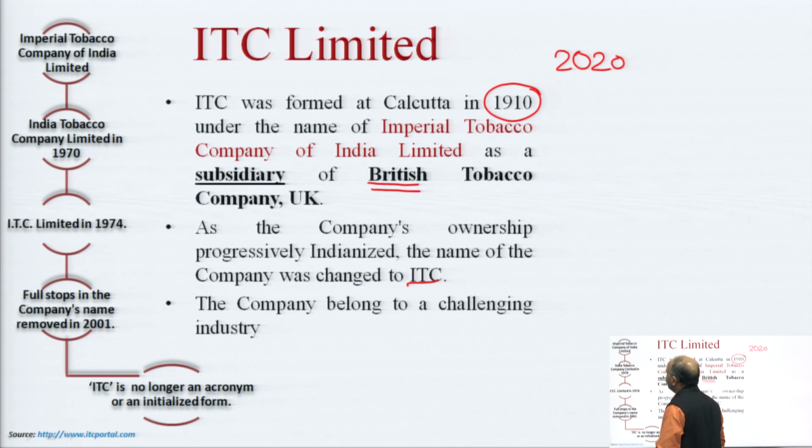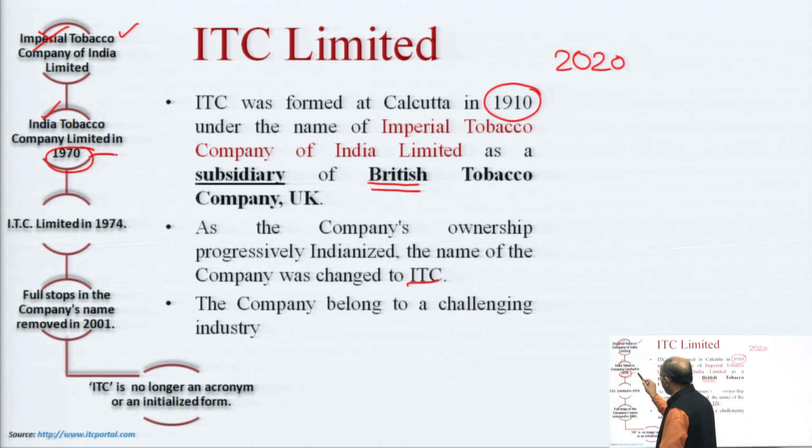Initially the company started with Imperial Tobacco Company of India Limited. That was the initial name. In 1970 the name changed to India Tobacco Company Limited.